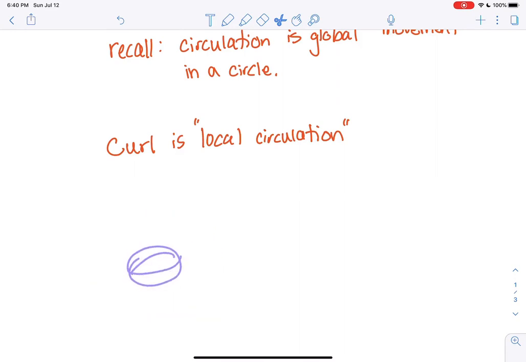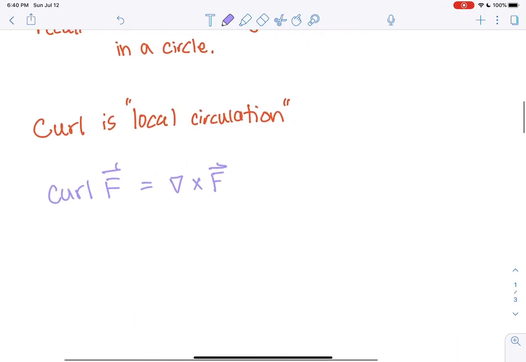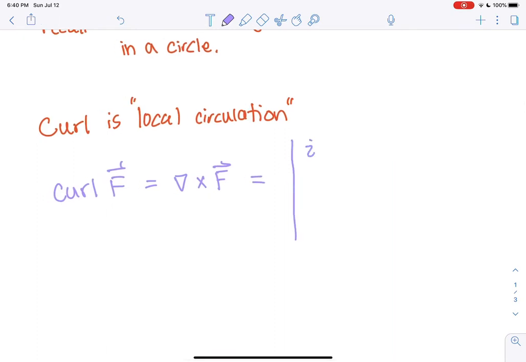So let me just get rid of this for a second. And the way we find curl, the curl of F is equal to the del operator crossed with the vector field. And of course, the way we evaluate a cross product is the determinant of that 3x3 matrix where you have i, j, and k up here.